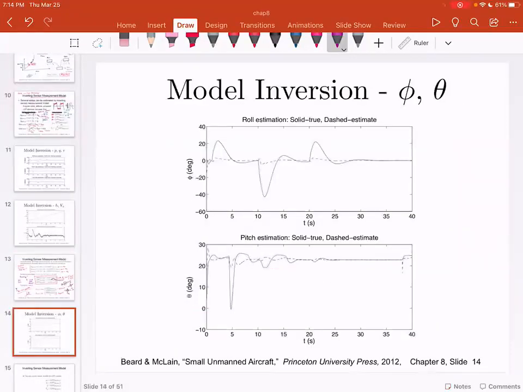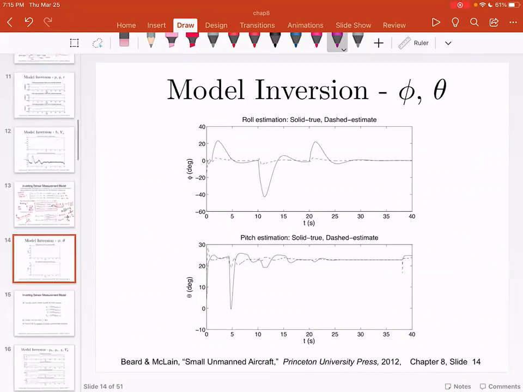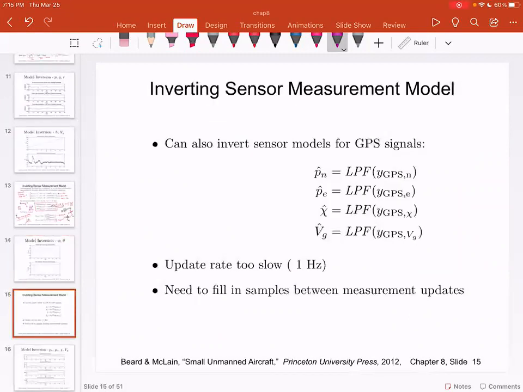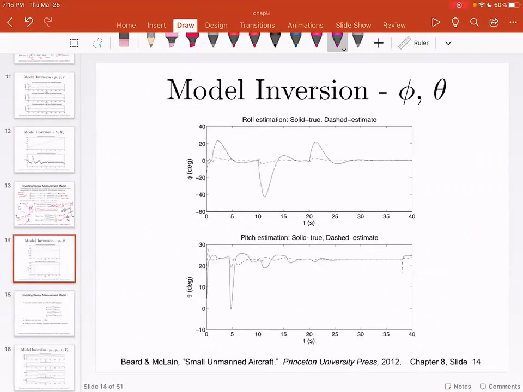Using the complementary filter or just using the pure accelerometers, you are able to estimate the values of roll and pitch. You cannot find yaw. You can estimate the values of roll and pitch, and this is how it would typically look.